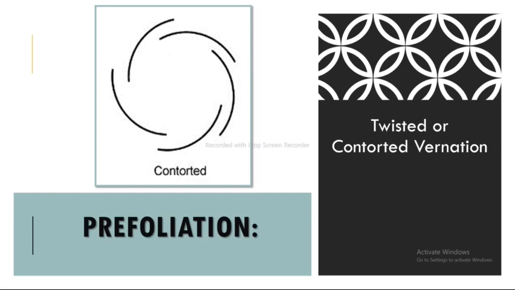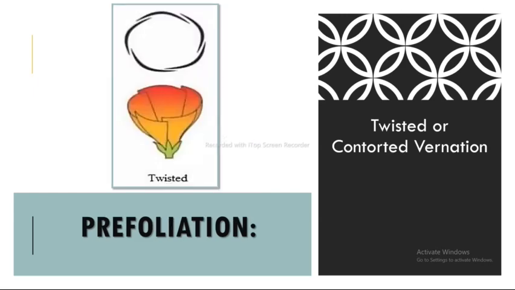And this is seen in the families of the Malvaceae, which includes the China rose, cotton, etc. And the second family is the Apocynaceae, which includes the Tiwisha, as shown in the figure. So again, this is the twisted or contorted vernation.